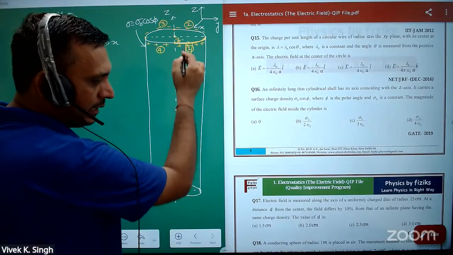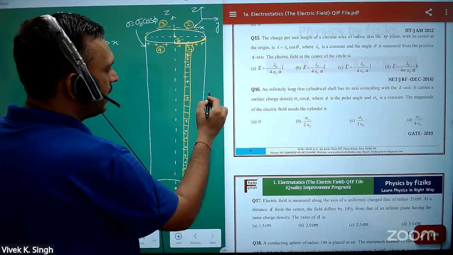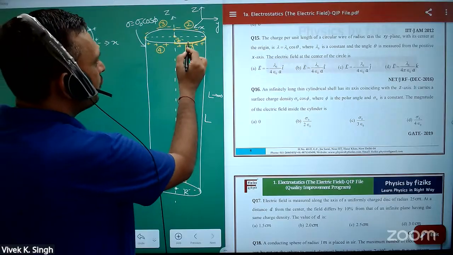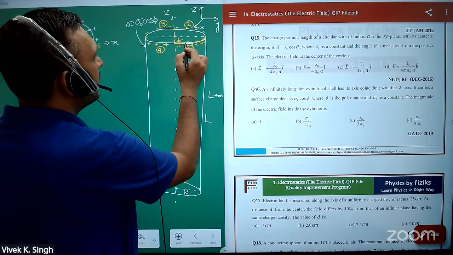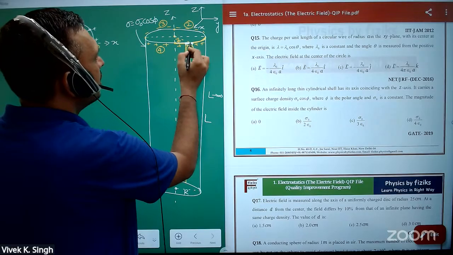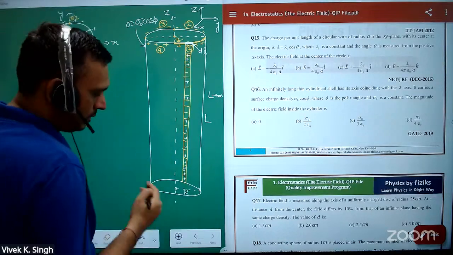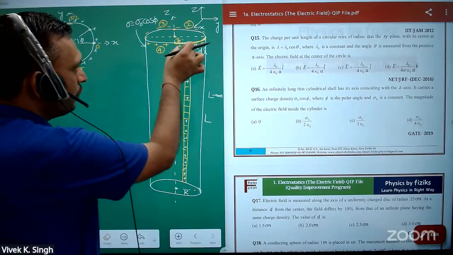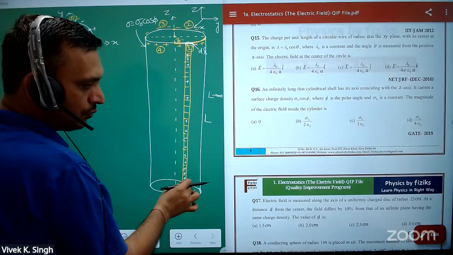And the length of the cylinder is L, where L tends to infinity. And what will be this width? Take this width to be dl. I am taking this width to be dl only. So what will be the total charge in this length of wire?